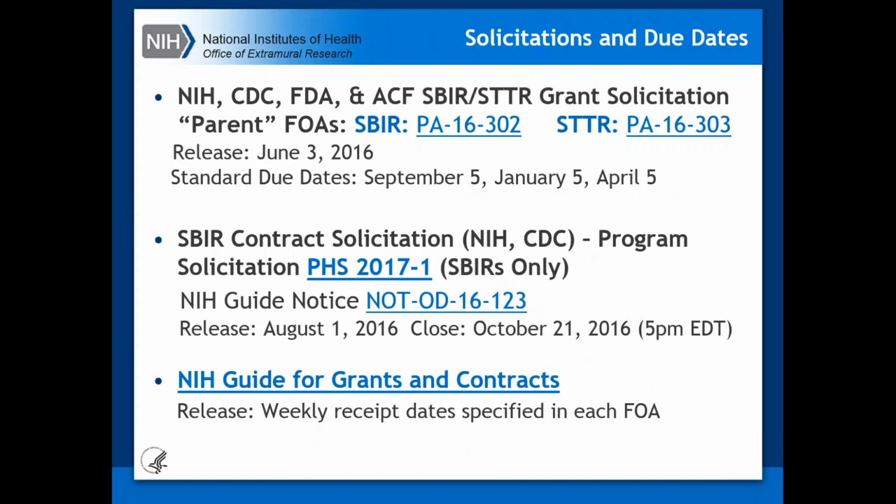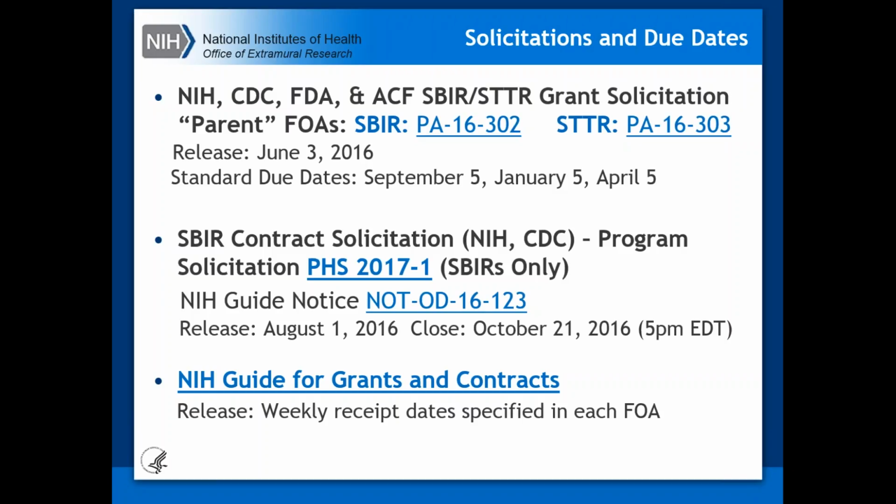The first thing you should be aware of is the Omnibus solicitations. Those are actually the parent FOAs. As you can see in the first entry, it's the SBIR PA-16-302 or STTR PA-16-303. This was released in June of 2016 and has standard due dates of September 5th, January 5th, and April 5th.